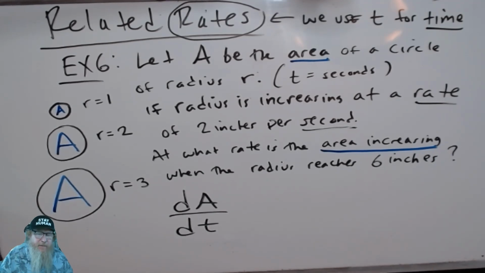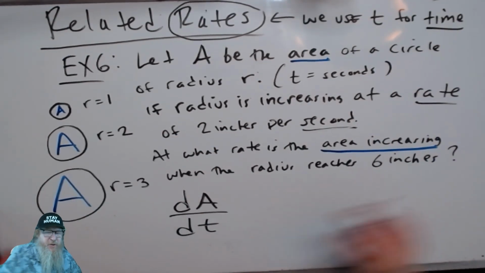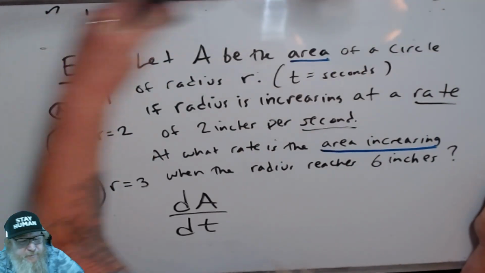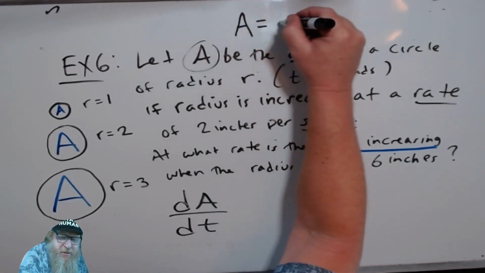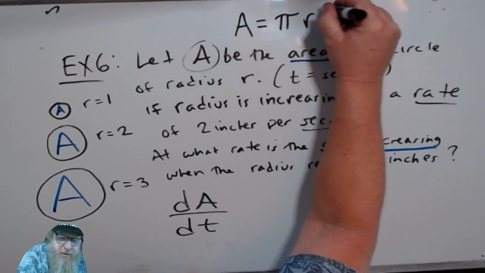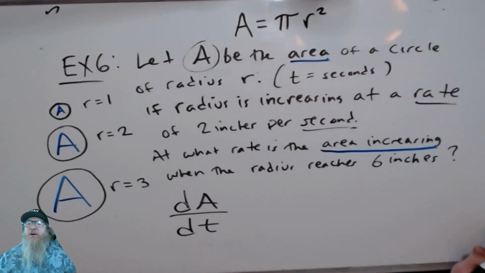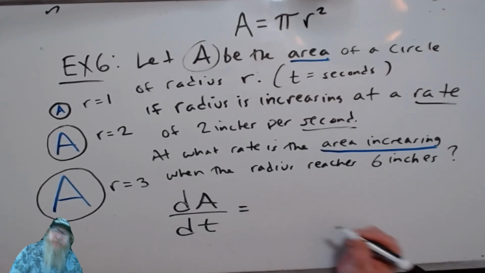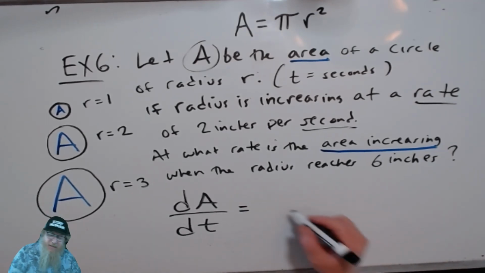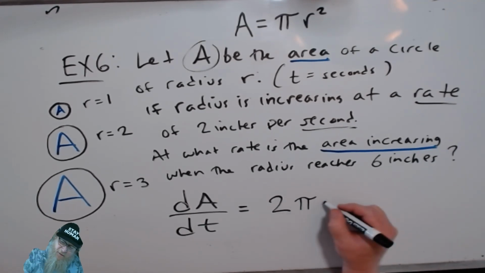Okay, let's go ahead and do it, right? First, we need to remember the area of a circle formula. It just says let A be the area of a circle. You do need to know the formula. It's pi r squared. So the derivative is 2 pi r.